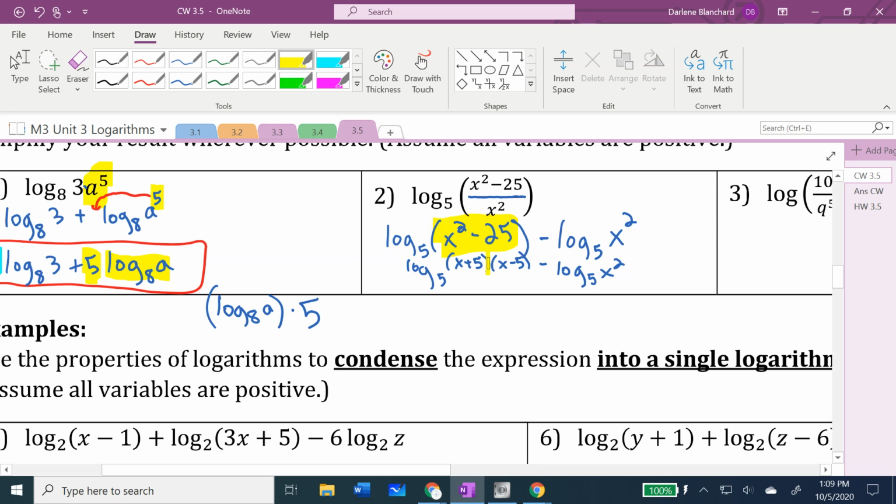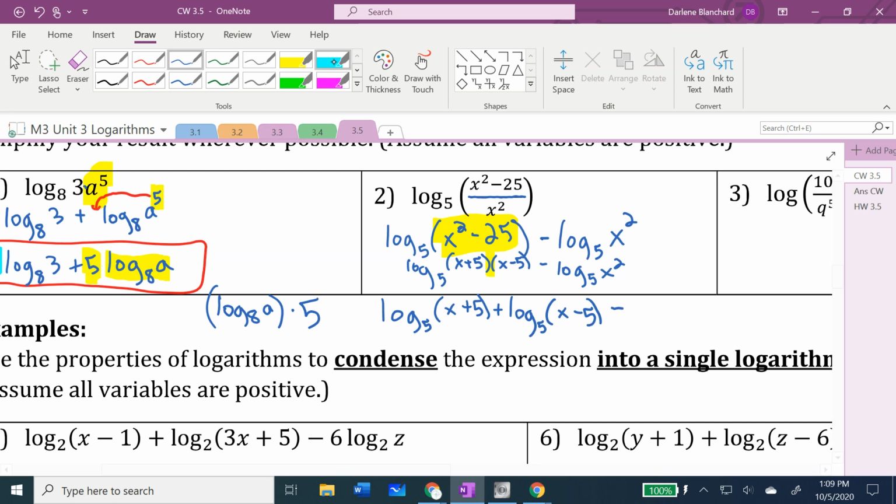Now, this multiplication, I'm not going to ask this much of you. Again, I'm not going to ask this much of you on a quiz or a test. They expect you to see that you can factor that quadratic and turn it into this addition.